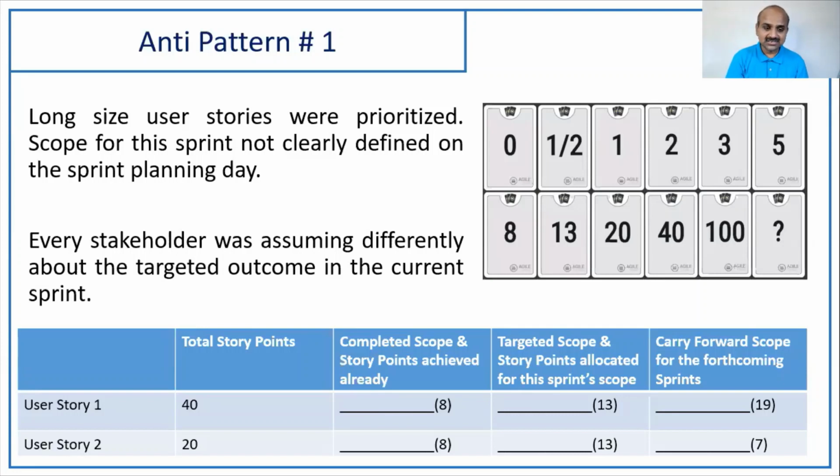So in that situation, what you need to do is clearly mention, right, in this sprint, this part of the scope is targeted. You should define that in the sprint planning itself. So the scope of this particular large story for this sprint is this part, probably development or unit testing or the first 4 features.